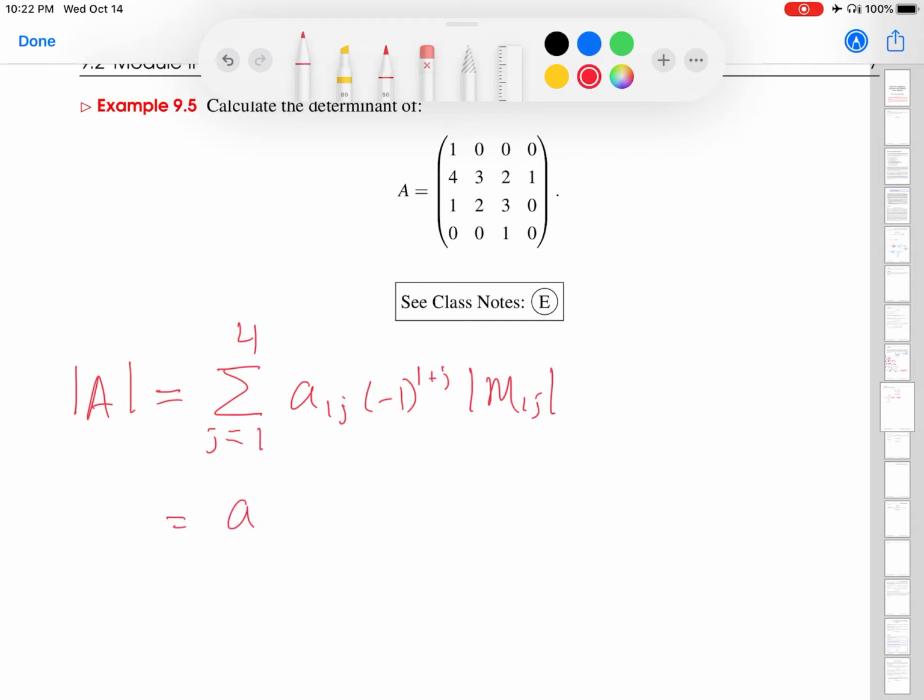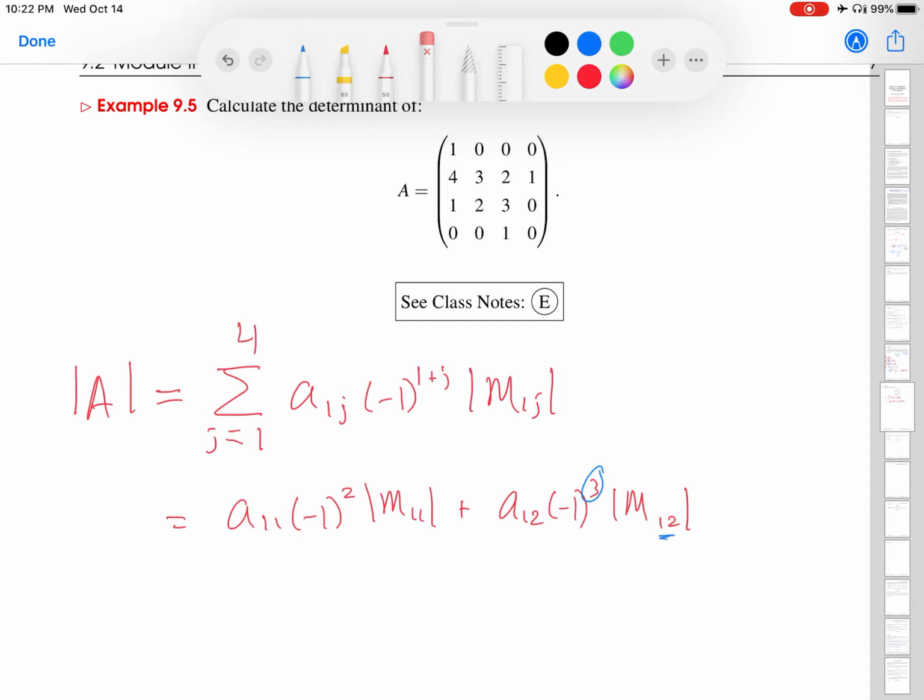So the j equals 1 term is a11 times minus 1 squared, determinant m11, plus a12 times minus 1 cubed, determinant m12. And one thing to note in passing, notice the pattern here. Add these numbers, gives you that one, and then take these two numbers, put them in there.